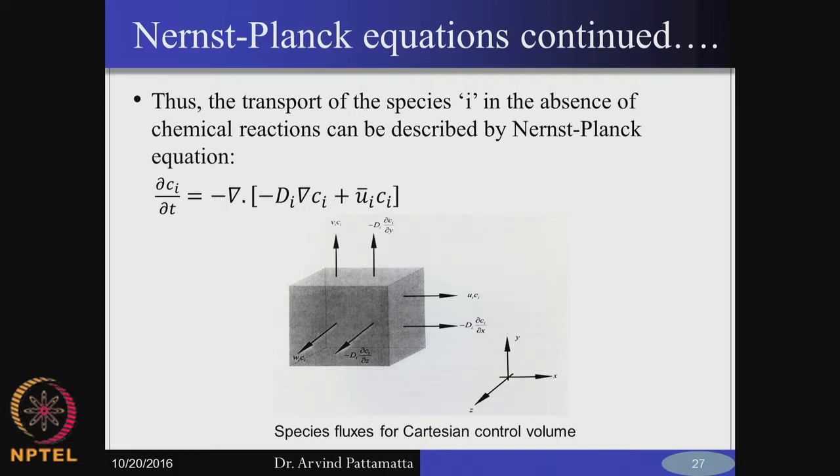The Boltzmann distribution is for the static fluid, but the actual concentration will also change if you have motion. So in that case we cannot use only that. We have to solve the advection diffusion equation for the concentration and get the actual value of concentration. This is given by what is called the Nernst-Planck equation.